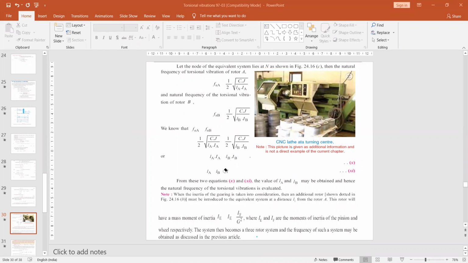Equating both values, LA IA equals LB IB. So simply, LA equals LB into IB by IA.